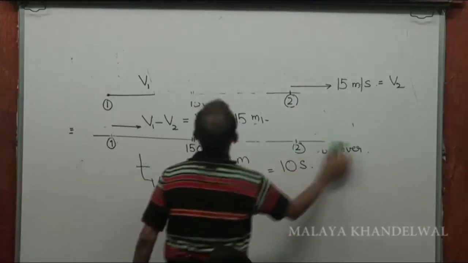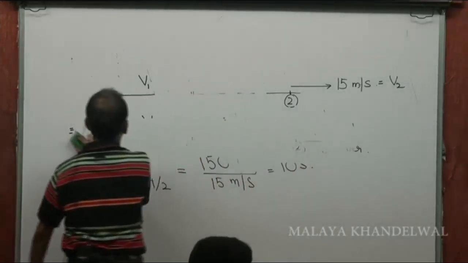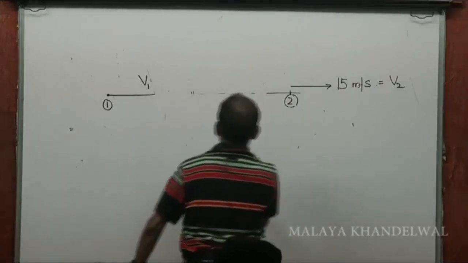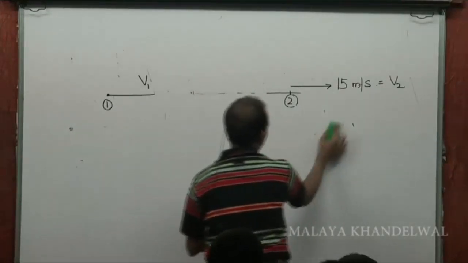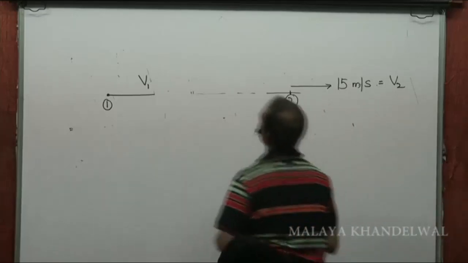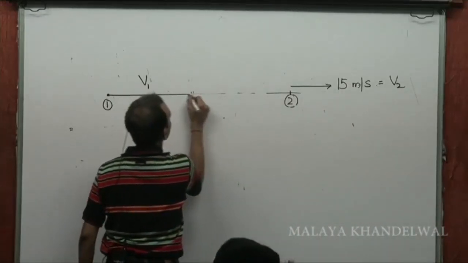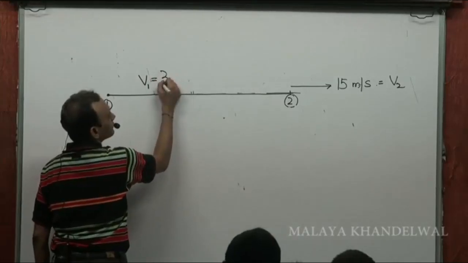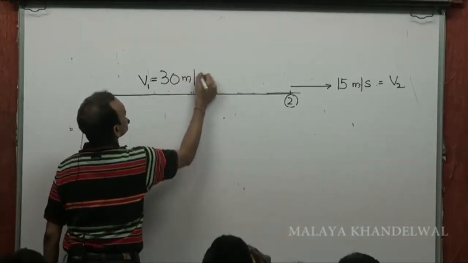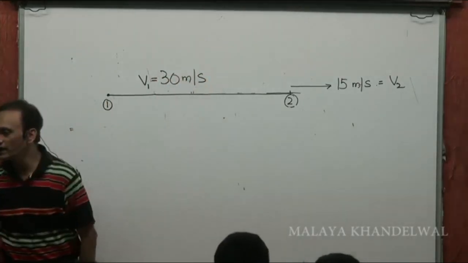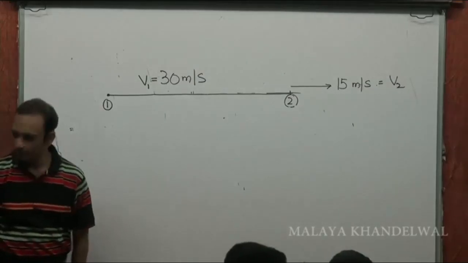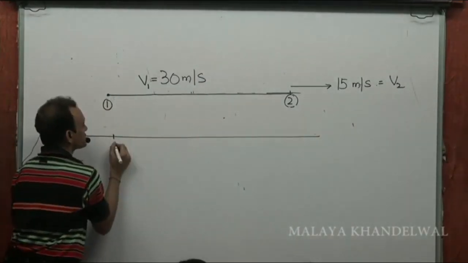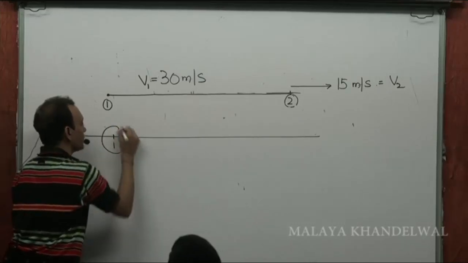Okay, so let me do that for you. He's saying, treat 1 as an observer. Okay? So V1 was how much? 30, right? So 1 is treated as an observer. This is my observer.